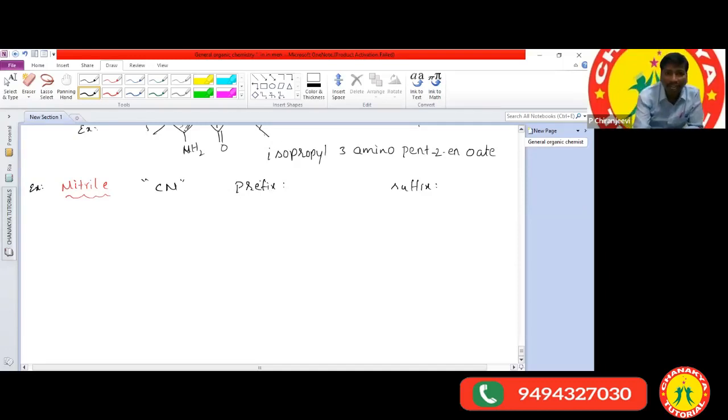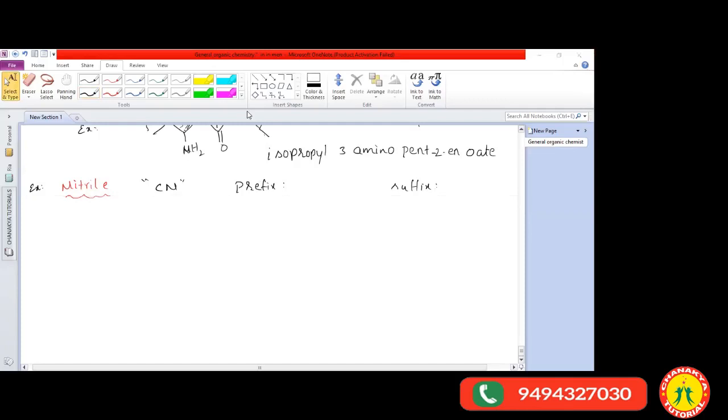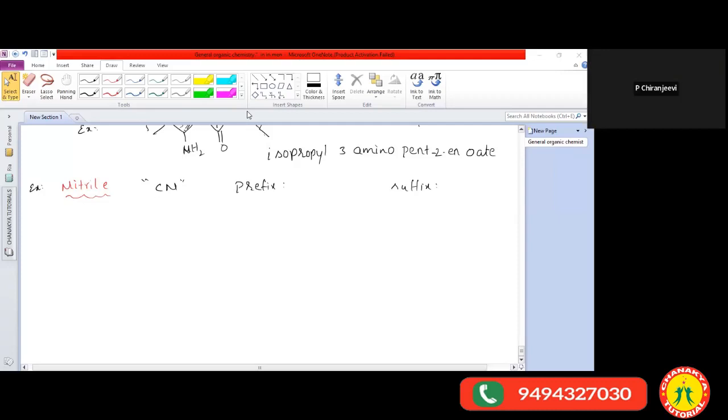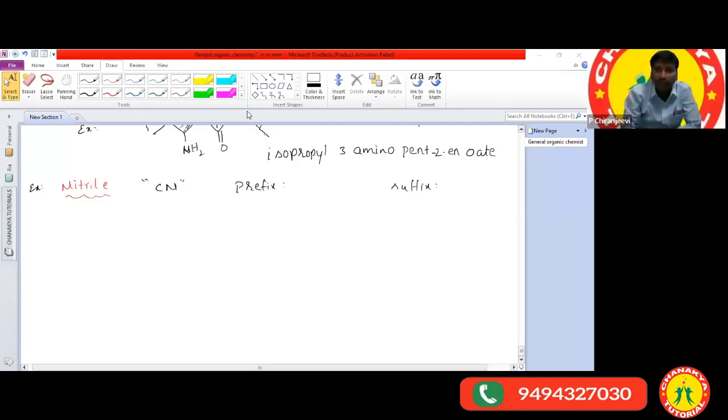Madhusudan, what is the prefix of the cyanide group?